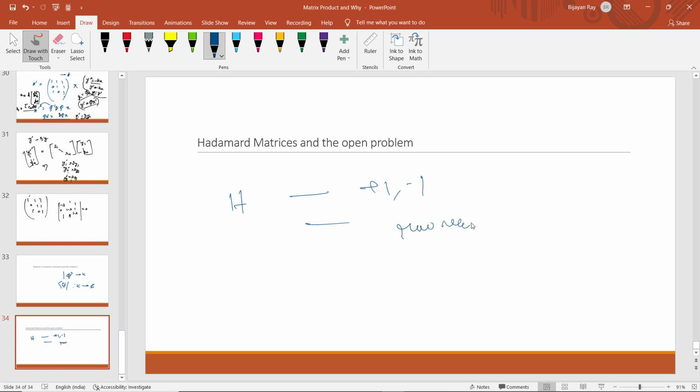The length of this row vector, the Euclidean norm, the square root of a11 squared plus dot dot dot plus a1n squared, for a square matrix of order n, equals root n. And the row vectors are orthogonal to each other.